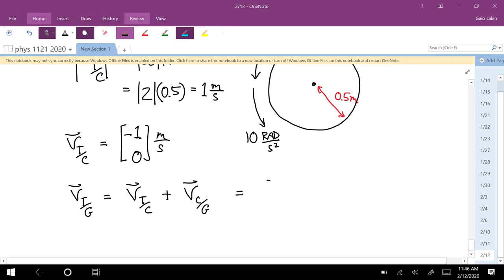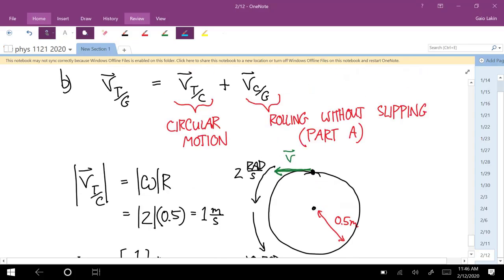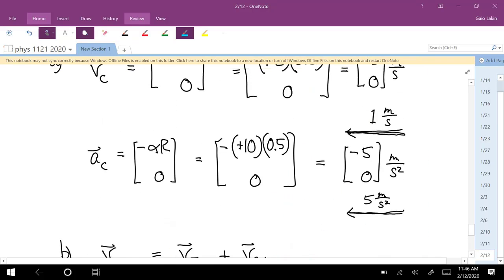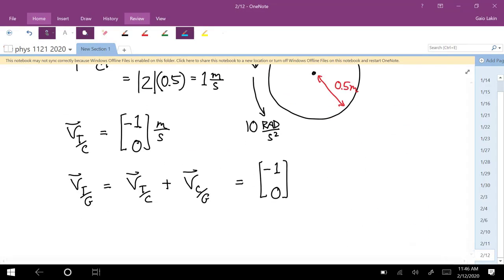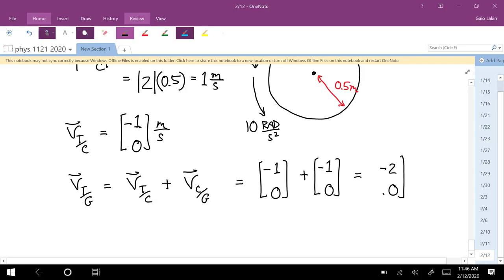That's -1, 0 from the circular motion plus the velocity of the center relative to the ground that we got in part A. And so you get a velocity vector of -2, 0.